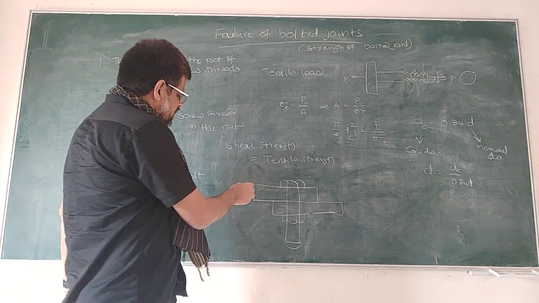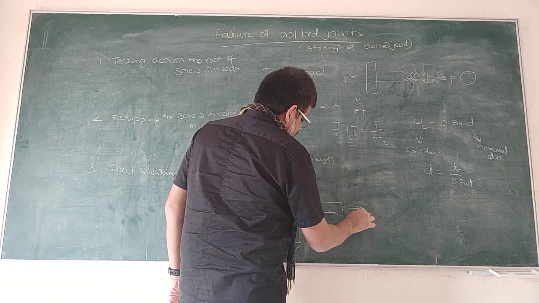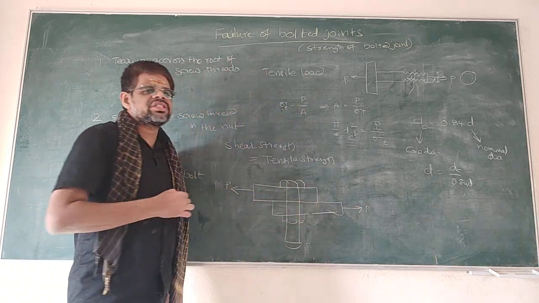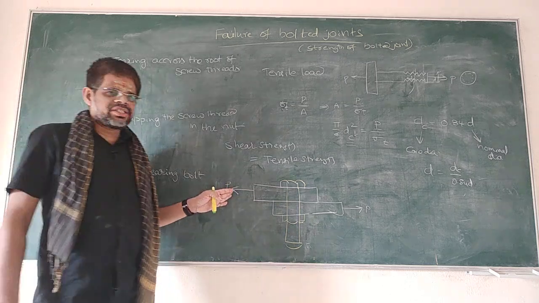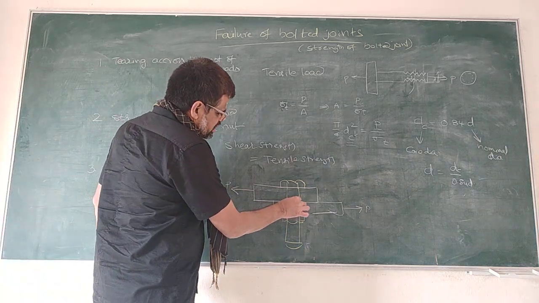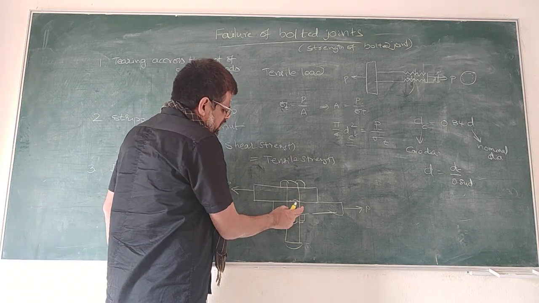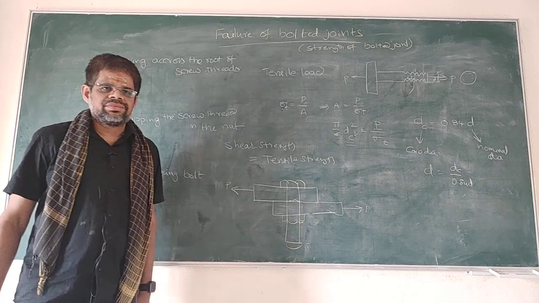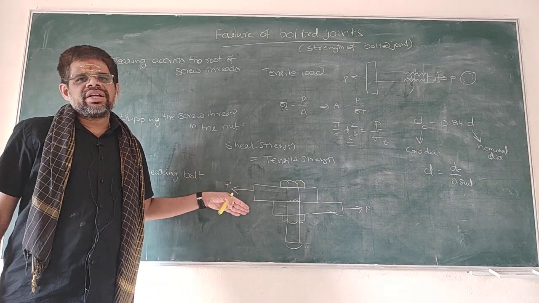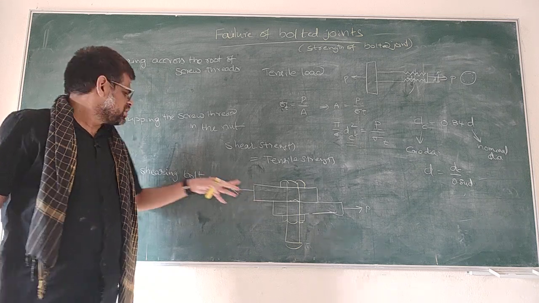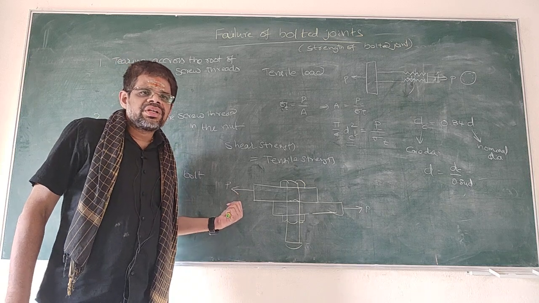Now assume that this is subjected to a loading like this. Which type of load is this? This is a shear load. So due to this, the bolt may shear at this point. Half of the portion will come in this direction and the remaining half will go in this direction. That is nothing but shearing. So due to shearing load also, the bolt may fail. So this is another type of failure.